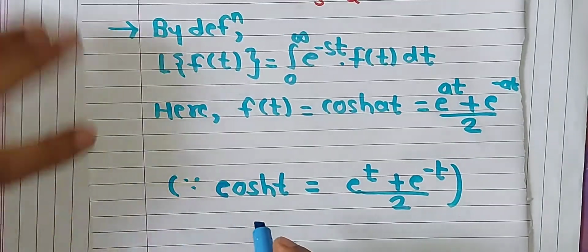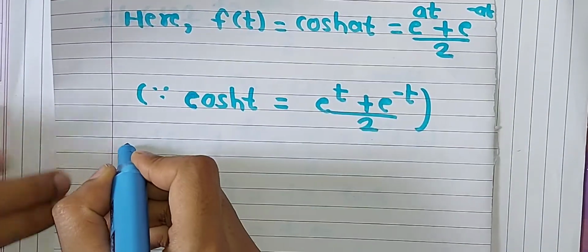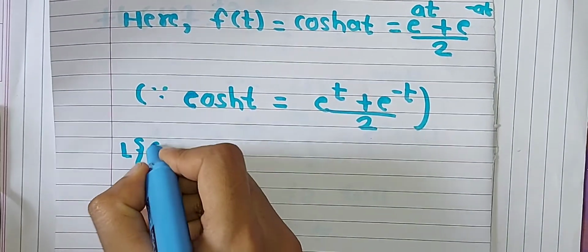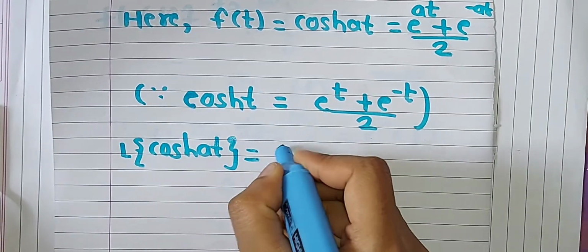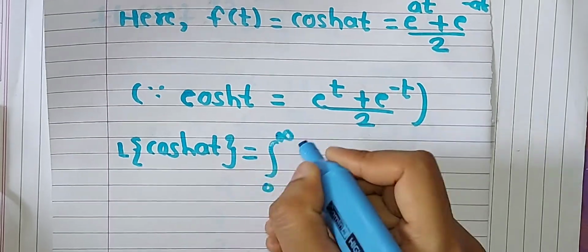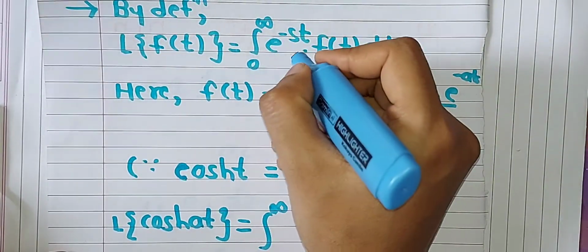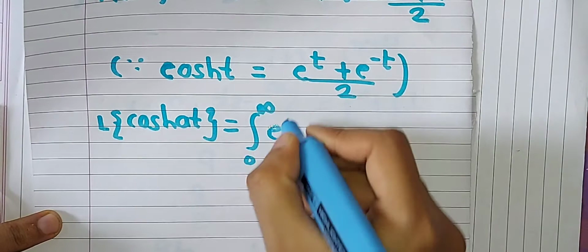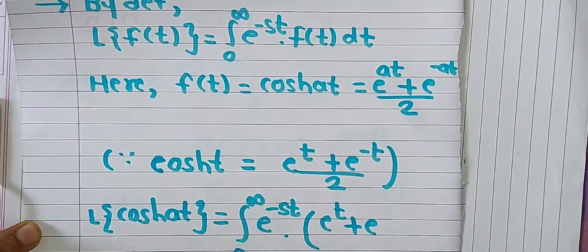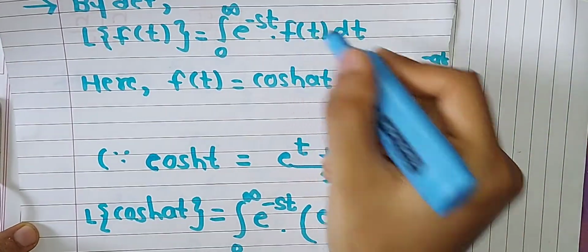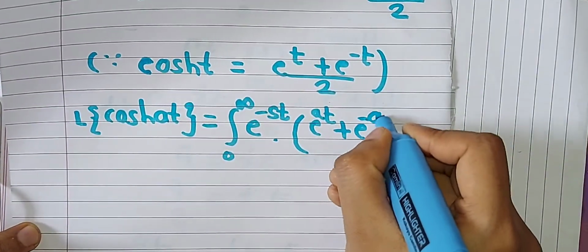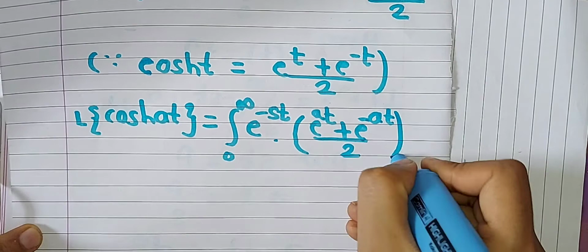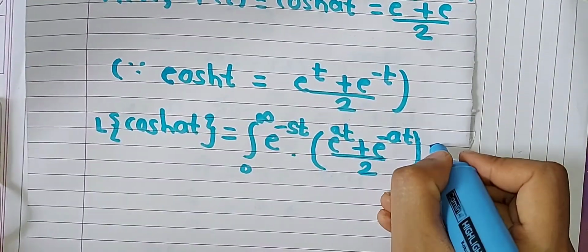Therefore we have the Laplace transformation of cos hyperbolic at is equal to the integration from 0 to infinity of e raised to minus st, which will remain as it is, and in place of f of t now put this value, e raised to at plus e raised to minus at divided by 2, into dt.